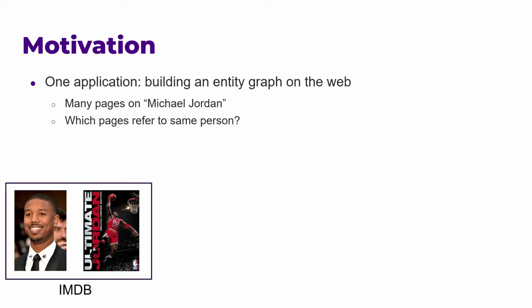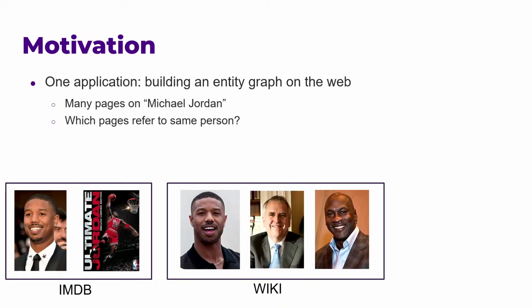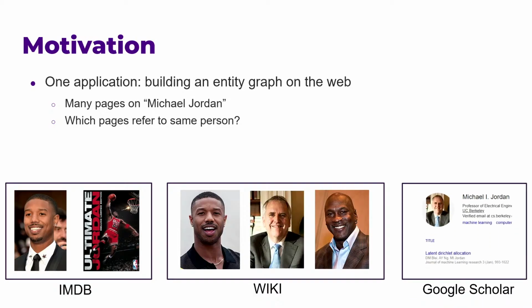Maybe the actor is not that famous, but we have this actor. Then we might get some from Wikipedia, so we also have the Michael Jordan from Berkeley. I think he just moved, right? He's famous in academia. And then we can also get some from Google Scholar. We want to figure out which pages refer to the Google Scholar person here.